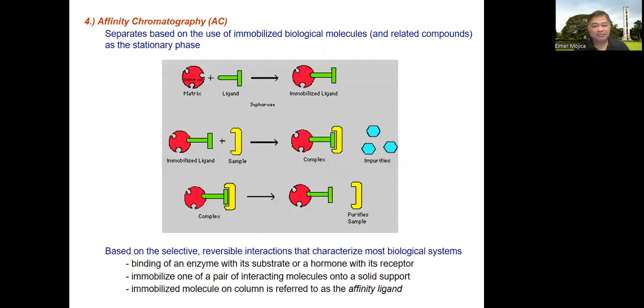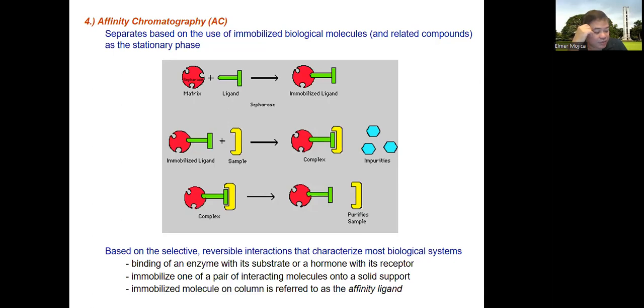Okay? Now, affinity chromatography, you take advantage of what? A specific interaction. So maybe it can be in terms of an enzyme reacting with a substrate, or an antigen reacting with a thing that will react with it.